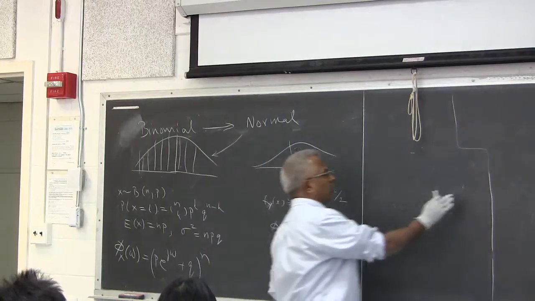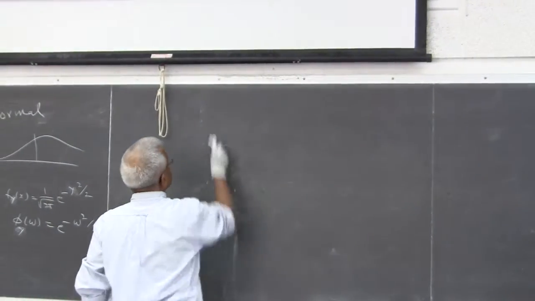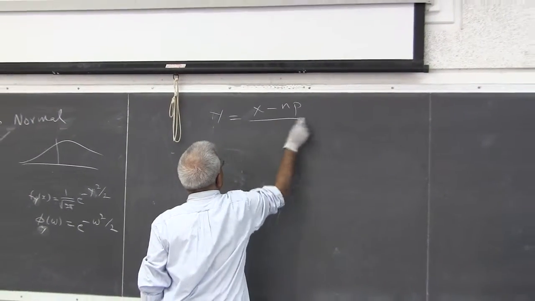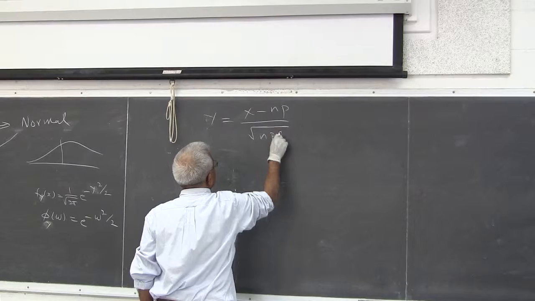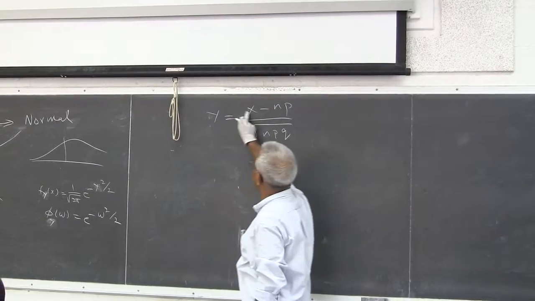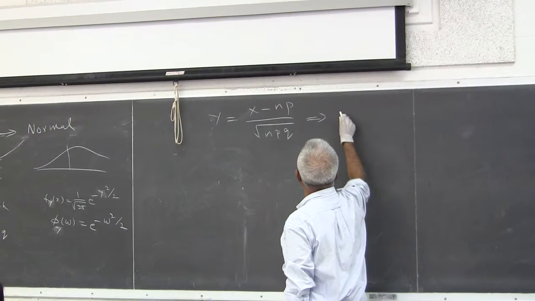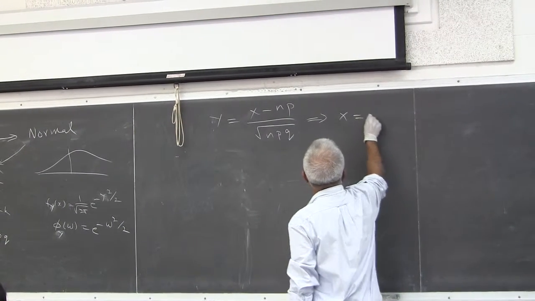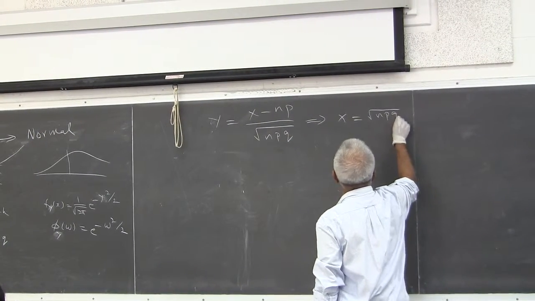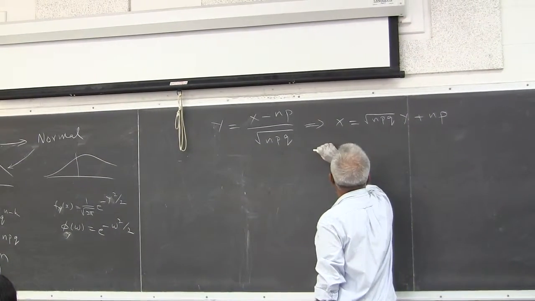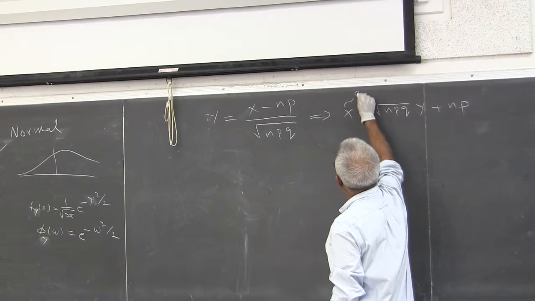In fact, I'm going to start with a simple transformation, and you'll see why. I'm going to work on this. Remember, X is binomial. So the relation is X equal to square root of npq times y plus np.